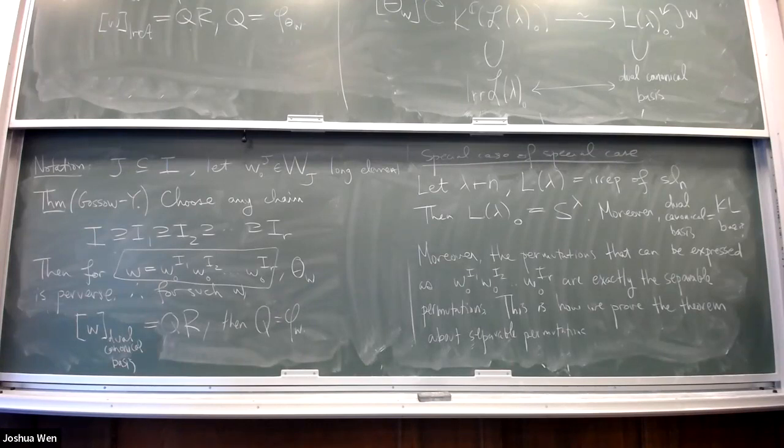Those permutations in S4 which are not separable, you can check that they don't correspond to any permutation under this QR decomposition correspondence, under any ordering of the cardinal sequences. Maybe that doesn't on the nose prove that they're not perverse, but I really don't think they are. But I didn't prove that.